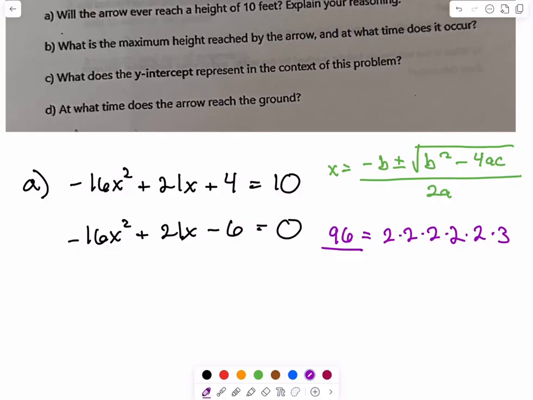So instead of trying to factor this, let's try the quadratic formula to solve this.